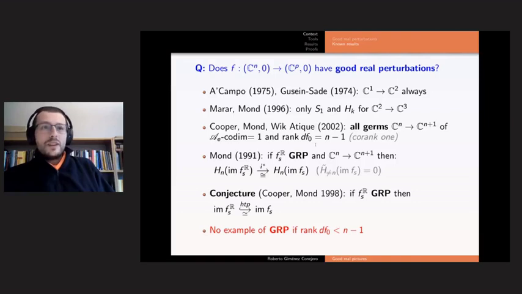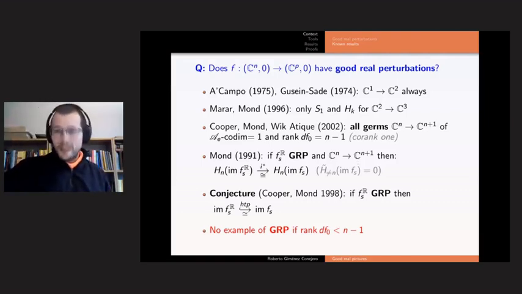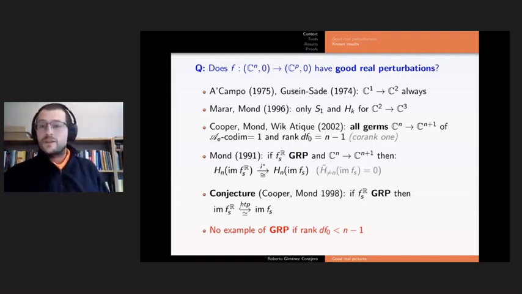Finally, among all these references and all the other references, there are no mappings of corank 2, so the rank of the differential is smaller. There are no examples of good real perturbation with corank 2 or less, so the rank of the differential less than n minus 1.